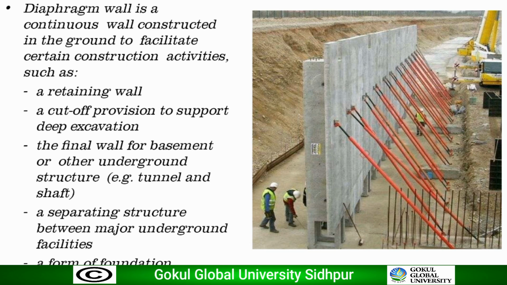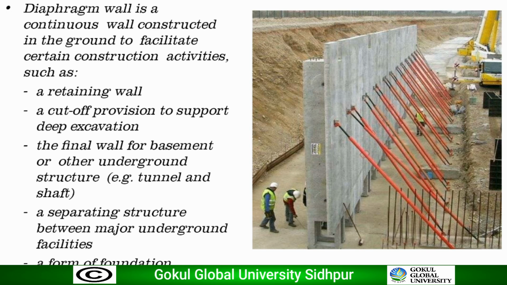type of retaining wall. A diaphragm wall is a continuous wall constructed in the ground to retain construction activities such as retaining wall, cut-off provision to support deep excavation, as the final wall of a basement or other underground structure, as a separating structure between major underground facilities, as a form of foundation.